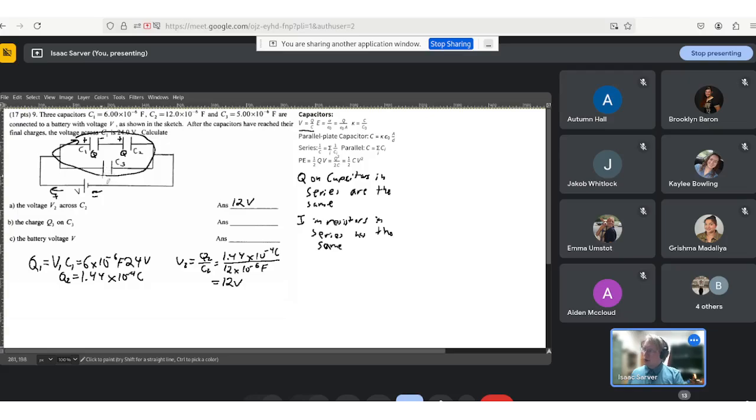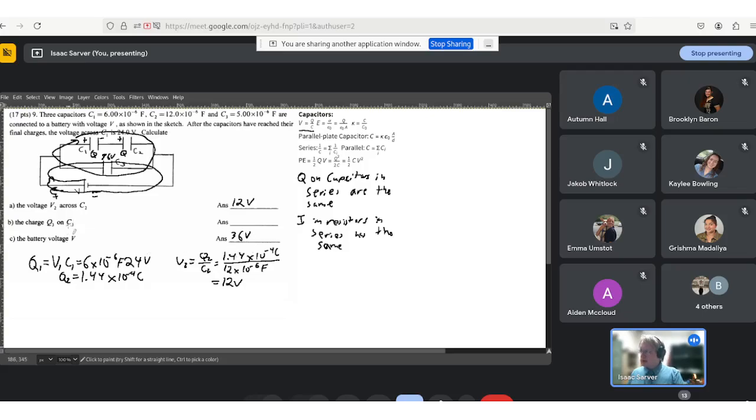And so that would be 24 plus 12 is 36. So this guy here is 36 volts. Well, that's also the same as this loop right here. So that's the battery voltage, 36 volts.